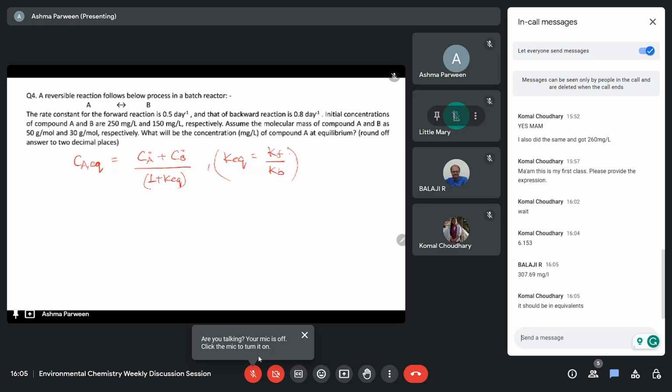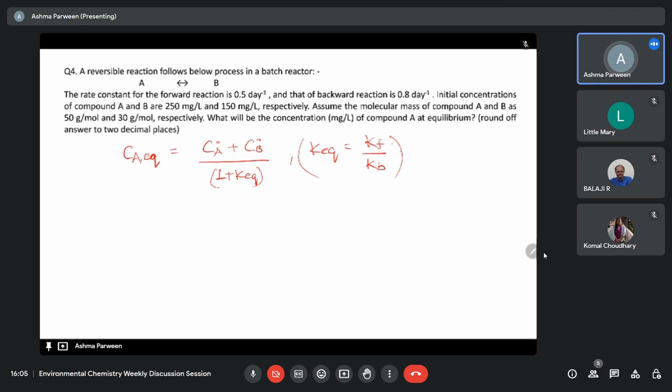We have to find the final concentration in milligrams per liter, not in equivalent or moles per liter. So whatever value you are getting, just convert into milligrams per liter. We have the expression, we just have to put the values.